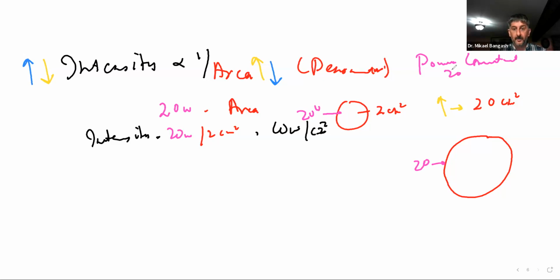Now you just put these values in the equation. It becomes 20 watts per 20 square centimeters. When you cut that, it becomes just 1 watt per centimeter squared. So we increased the area, but the intensity reduced.